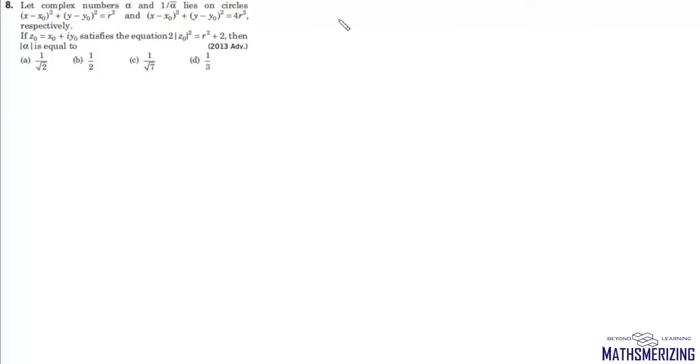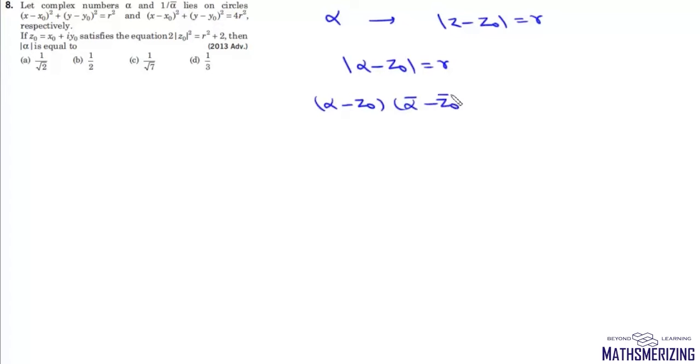Now we are given that alpha lies on this circle, which we can write as mod of z minus z naught equals r. So from here we can write mod of alpha minus z naught equals r, and we square it: (alpha minus z naught) into (alpha bar minus z naught bar) will be equal to r square.